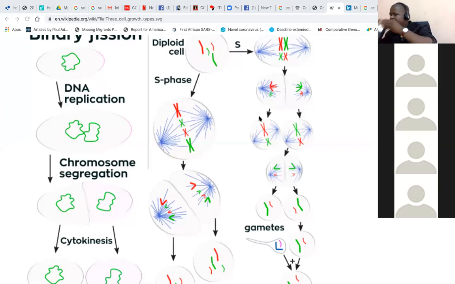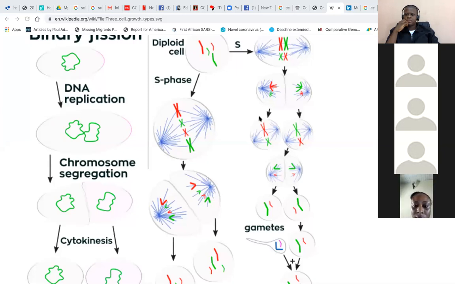The interphase stage is divided into the G1 phase, the growth phase, the S phase, the synthesis phase where DNA replication occurs, then the G2 phase. Then after that, it will now enter mitosis. Yeah. So what is happening at these different phases that you mentioned?